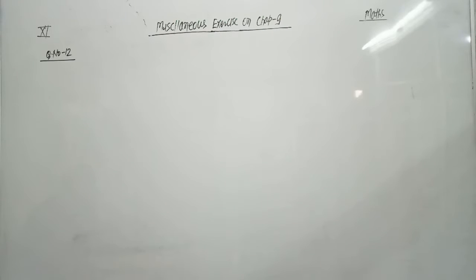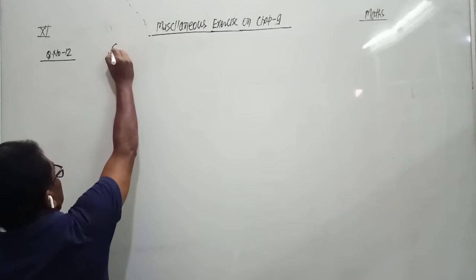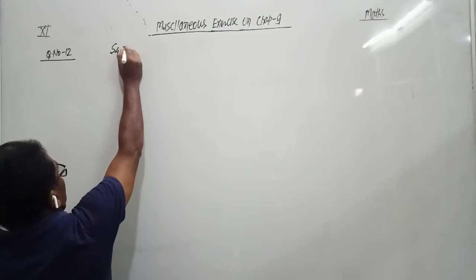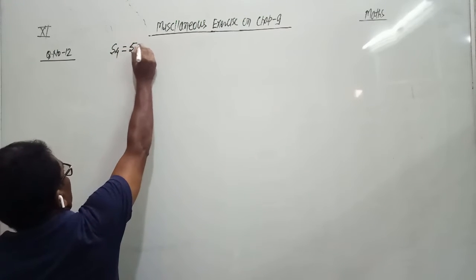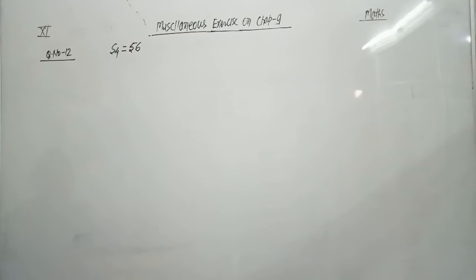The sum of first four terms of an AP is 56, and the sum of last four terms is 112.